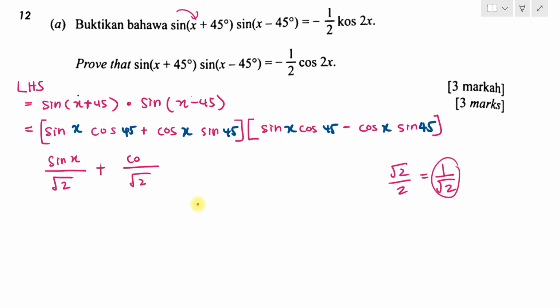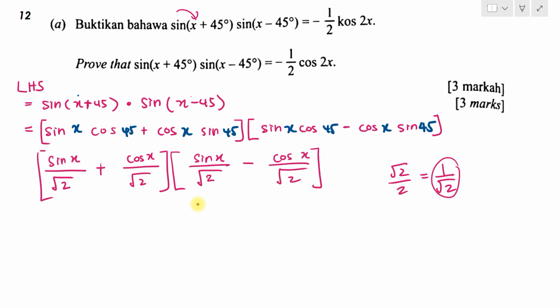So cos x goes on top. Then you multiply with the same thing. Now sin x on top, cos 45 is 1 over square root 2, they multiply and simplify. And then cos x on top, square root 2 at the bottom.